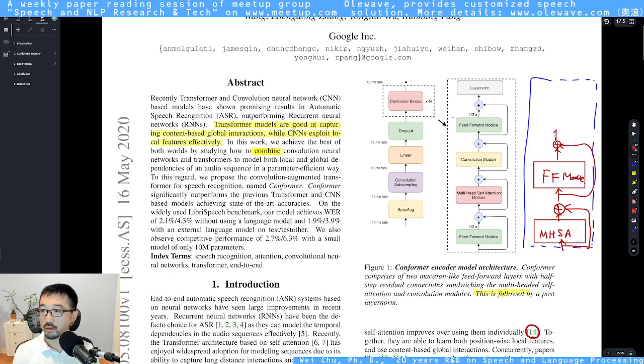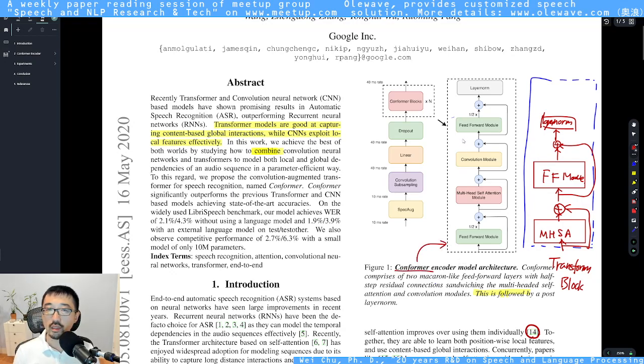Again, they might have a norm. Maybe I kind of forget, maybe the layer norm, batch norm, whatever. But you can see this is the original transformer block in the encoder, but this is the conformer.